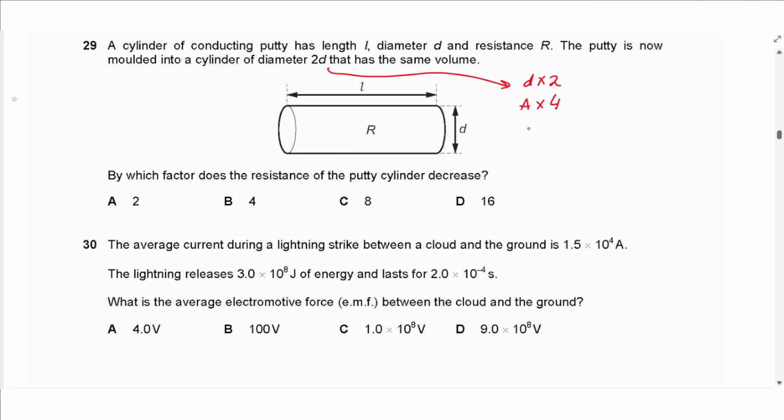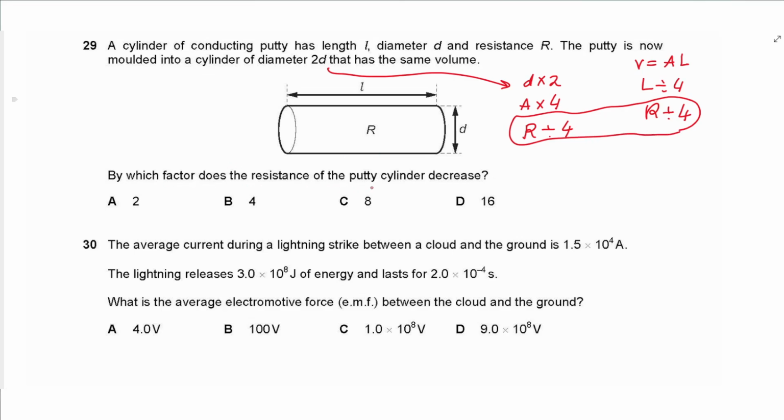And the resistance is inversely proportional to the area, so the resistance is divided by 4. And since volume is equal to area times length, if area is multiplied by 4, the length must be divided by 4. And the resistance and length are directly proportional, so the resistance is again divided by 4. So we divided by 4 twice, so we divide by 16. By which factor does the resistance of the putty cylinder decrease? That would be 16, so we choose D.